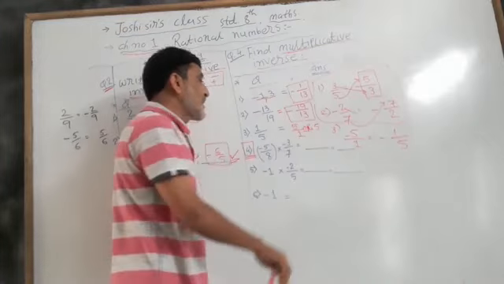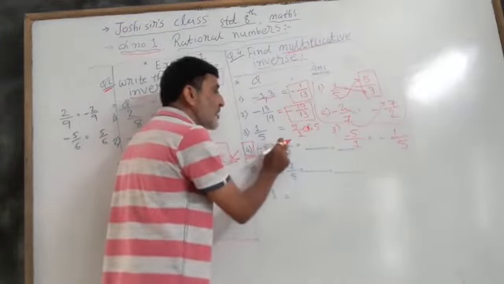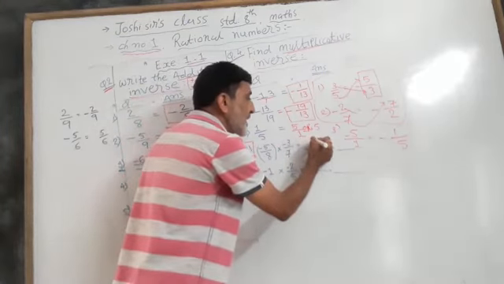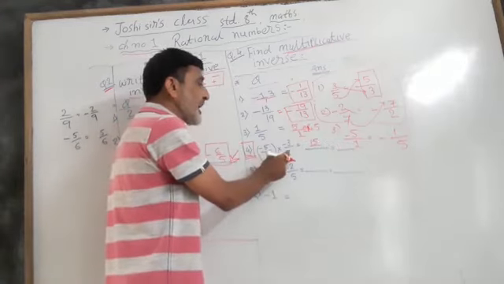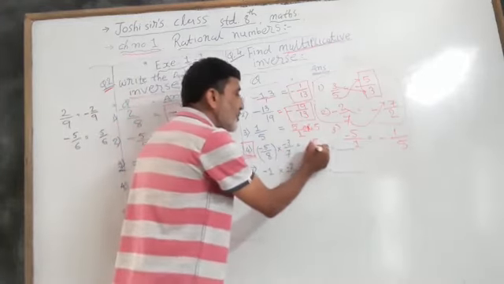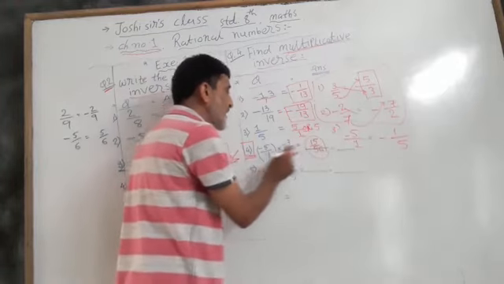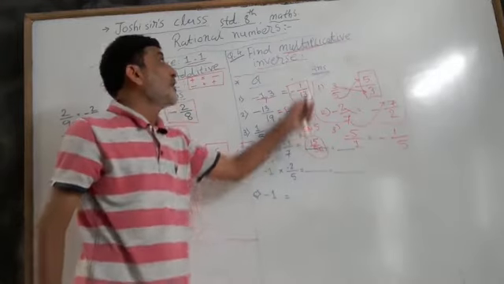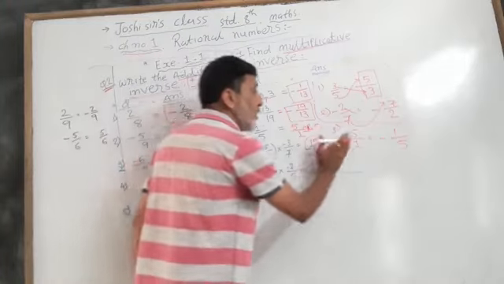So minus 5 into minus 3, minus minus plus, 5 3 ja 15. First we write here 15 and downside 7 8 ja 56. This is the simplification of this question. Now we will change this number into multiplicative inverse. So multiplicative inverse you know very well.